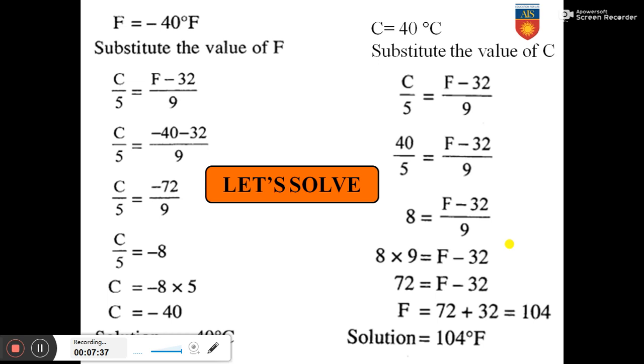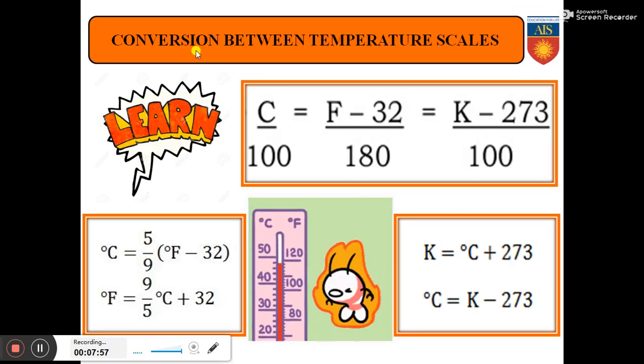Let's have a look at one such example. Supposedly F is given as minus 40 degree Fahrenheit to you, and you are asked what is the value of this temperature in degrees Celsius. So C by 5 is equal to F minus 32 by 9. Where are we getting this? From here.